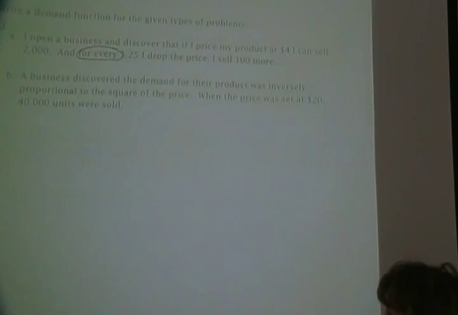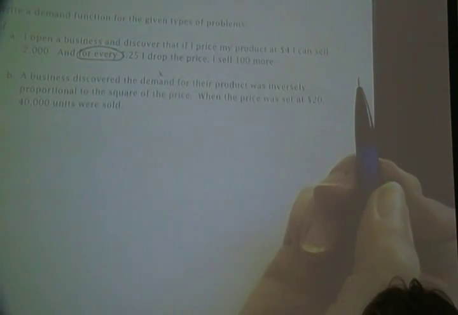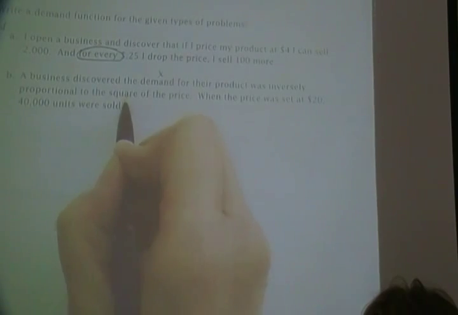7B, inversely proportional, a little different. A business discovered the demand, which is X, for their product was inversely proportional to the square of the price. So the way we set that up is X equals some constant over P squared.